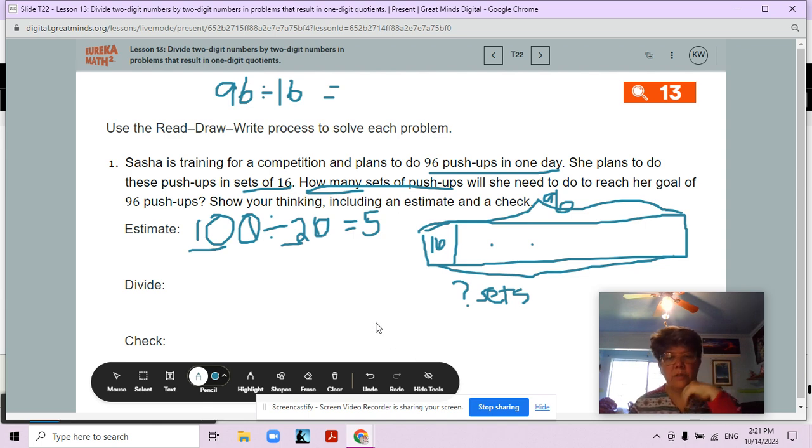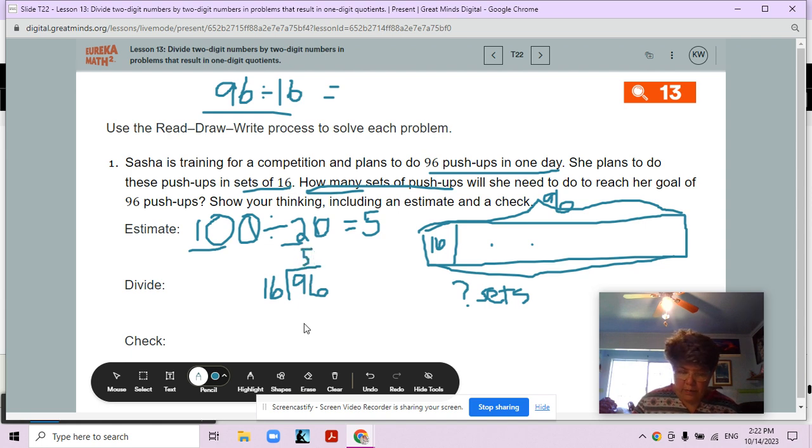Okay, so then we're going to do some division, which would be 96. Put the 96 first, put it inside the house, divided by 16, using the real numbers now, not using the estimate, using the real numbers. And our estimate is 5, so we're going to put the 5 there.